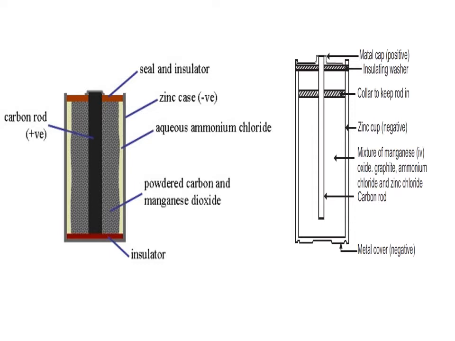Here, metal cap, positive. Insulator washer, collar to keep the rod in. Zinc cup, which is the negative terminal. Mixture of manganese having +4 oxidation state, so manganese oxide, graphite, ammonium chloride and zinc chloride. This one is a carbon rod, and finally metal cover, which is negative.